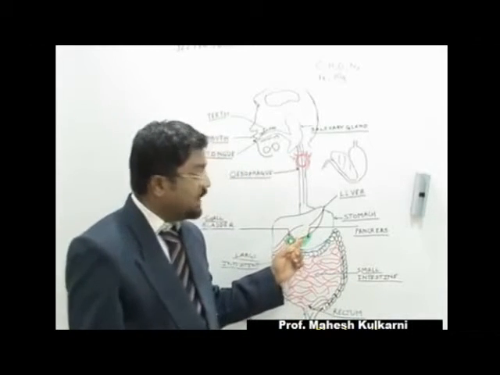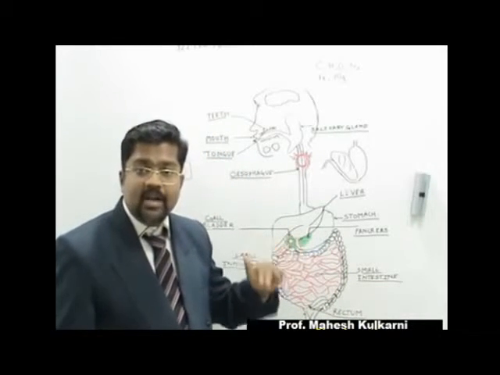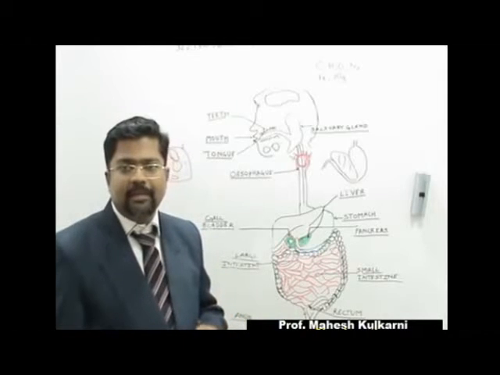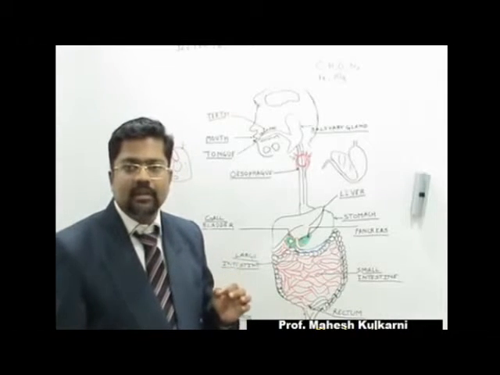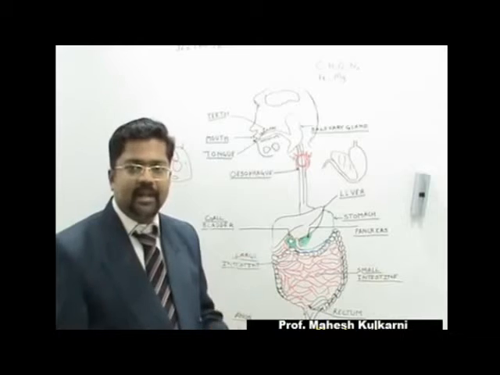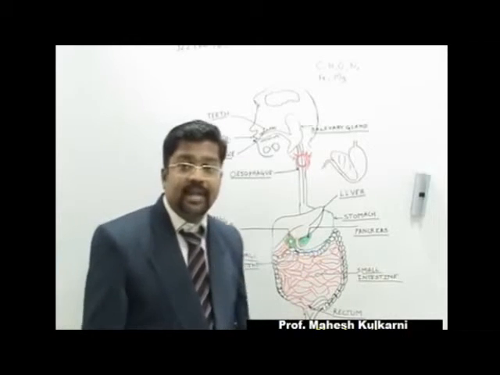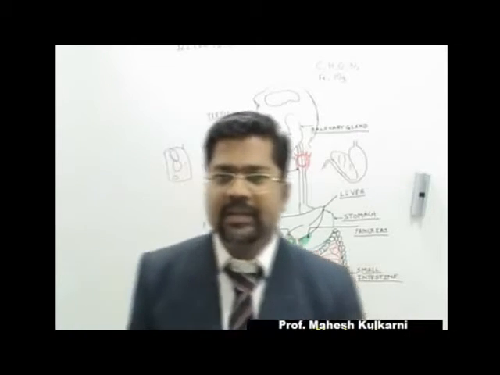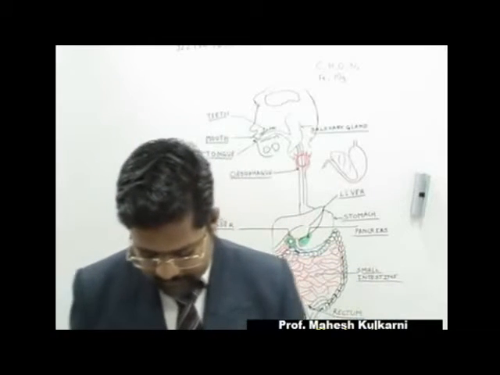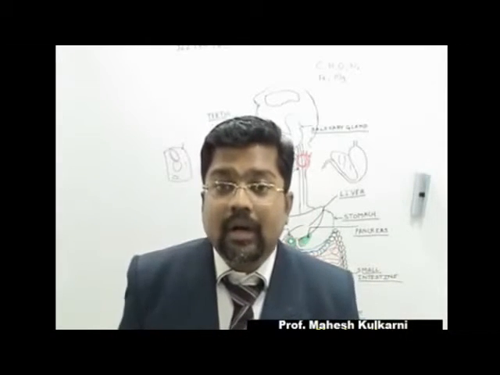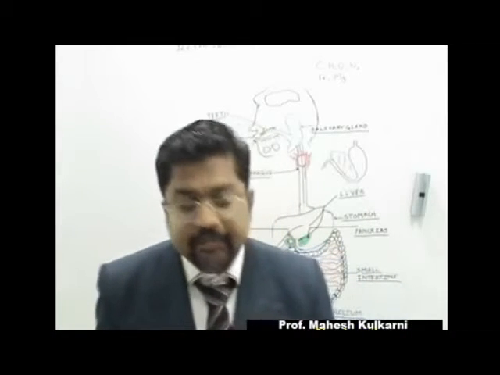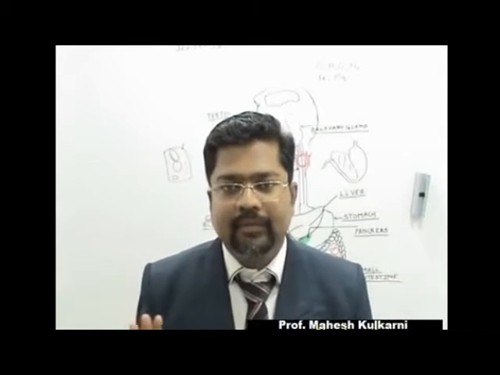The pancreas has an endocrine part, called the islets of Langerhans. These islets of Langerhans secrete two hormones, namely insulin, you are aware of that word, and second, glucagon.